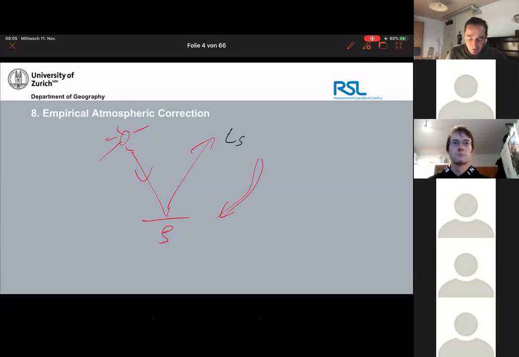So if you do the correction from at-sensor radiance, we get a retrieval to a directional reflectance. If you look at the situation, that's for sure a directional situation. So we don't have a unique reflectance on the ground after the correction, but we have a directional quantity which needs to be further discussed and analyzed to get a single value on the ground.